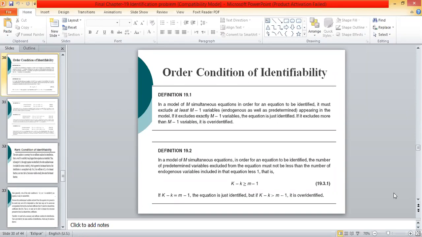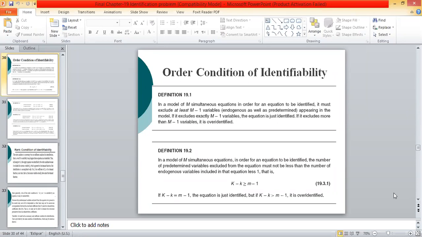If you look at this formula, capital K is the total number of predetermined variables in the model, and lowercase k is the number of predetermined variables in the given equation. K minus k shows the number excluded from the given equation. So the number of predetermined variables excluded from the given equation must be at least the number of endogenous variables, that is lowercase m, in the given equation less 1.